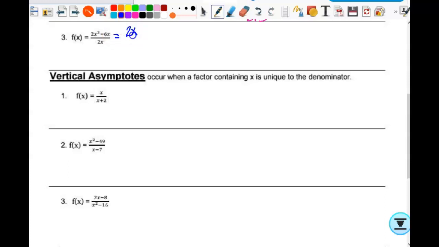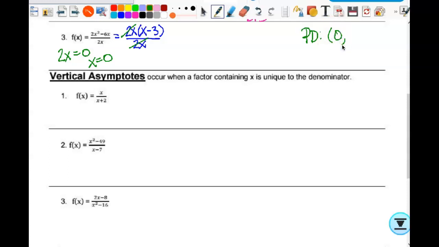So I can factor out a 2x, leaves me with an x minus 3 over 2x, right? So then I can reduce that because they are common to the numerator and denominator. So then I get that 2x equals 0, which means x equals 0.